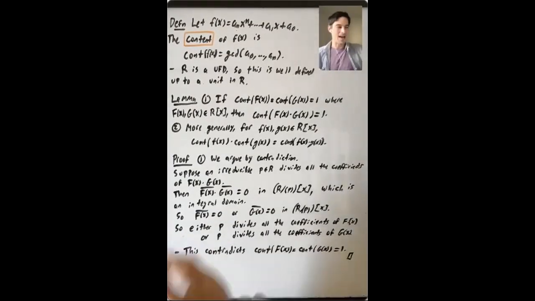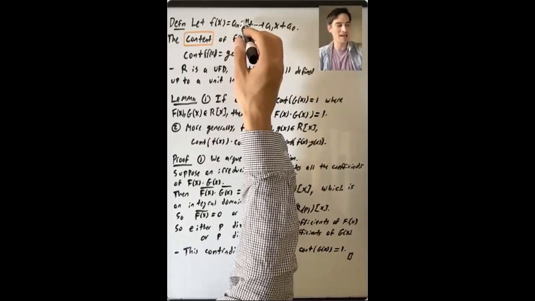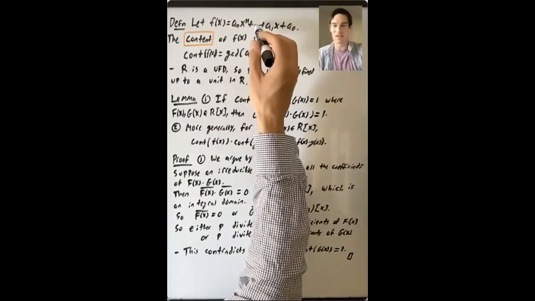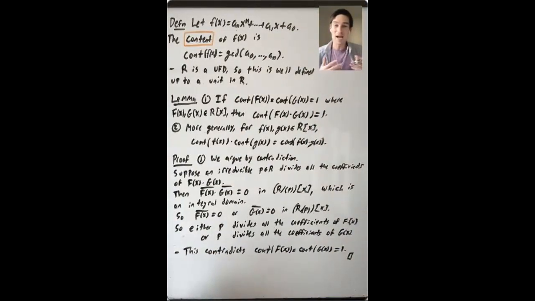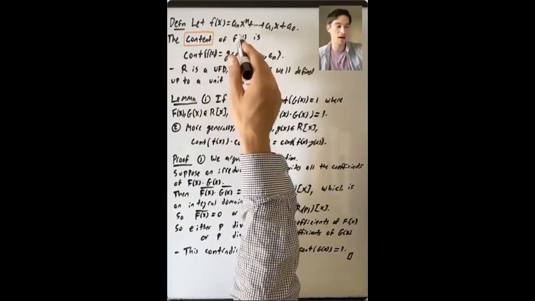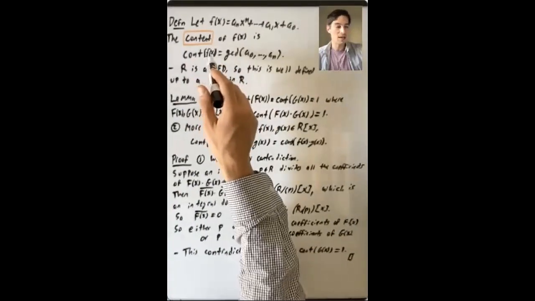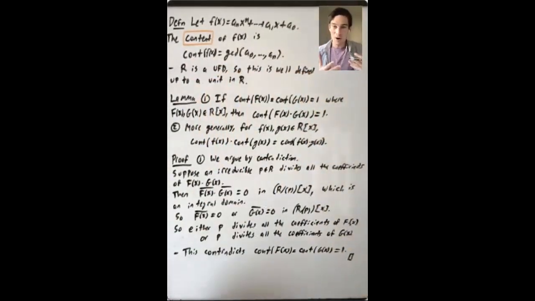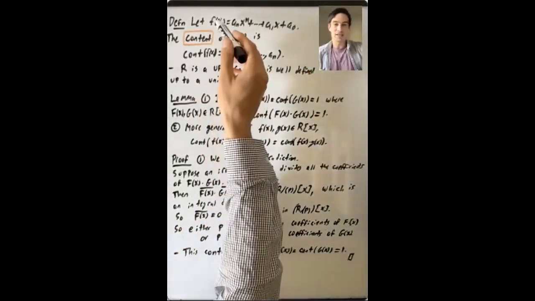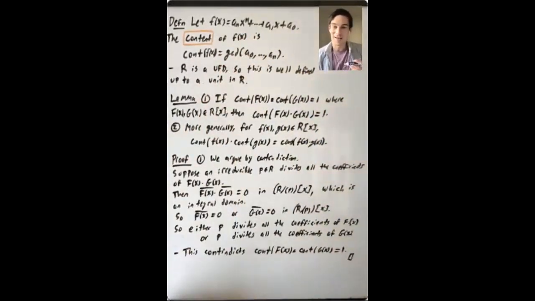Let f of x be equal to a_n x to the n plus a_{n-1} x to the n minus 1 plus and so on, plus a_1 x plus a_0. We'll define the content of f of x to be the GCD of its coefficients. So let's talk about this concept when we're in a polynomial ring R[x] where R is a UFD.